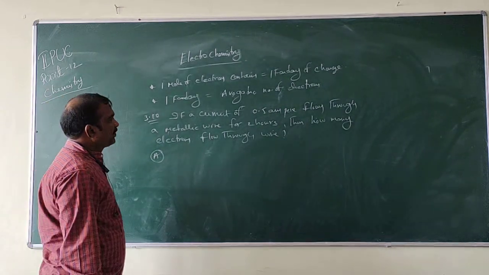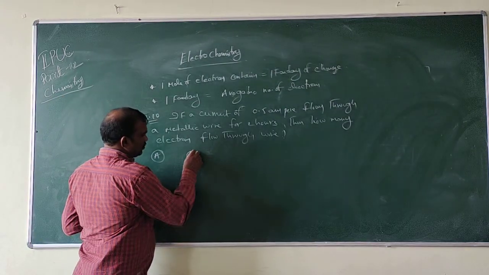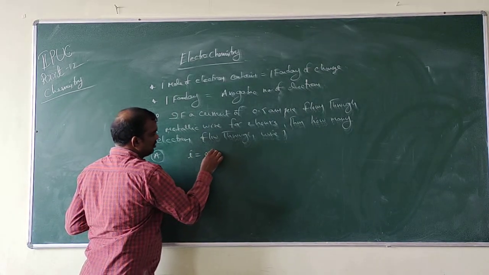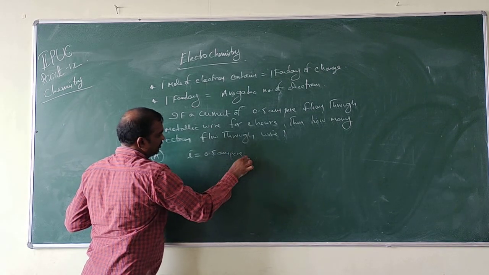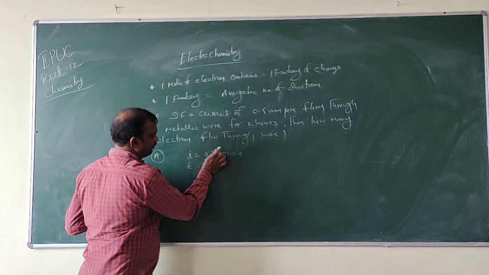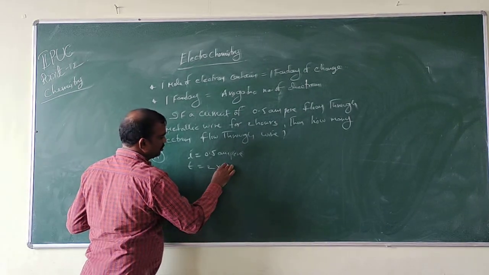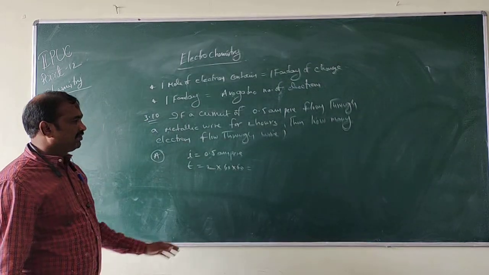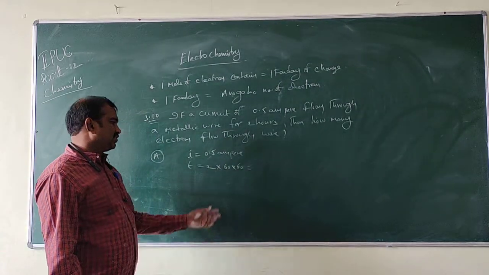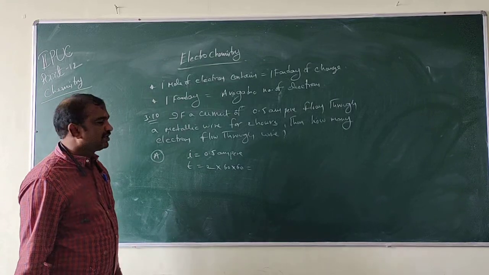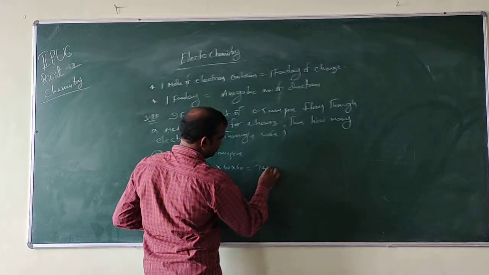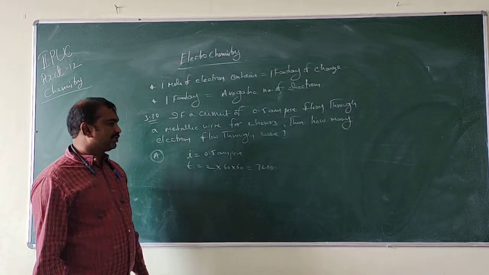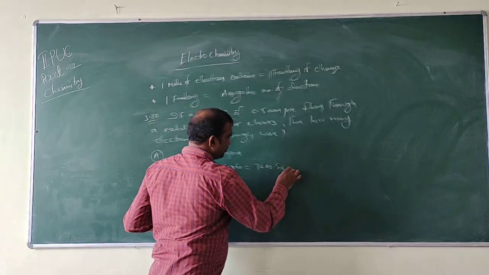Look here. First, the current I is equal to 0.5 ampere, and T is given as 2 hours. 2 into 60 into 60: hours convert into minutes, minutes convert into seconds. 6 6s are 36, 36 2s are 72. So 7200 seconds.